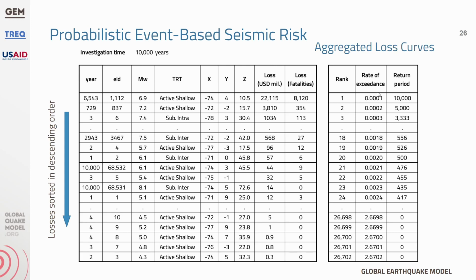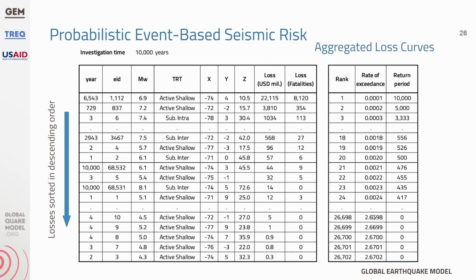And hence we have now moved on to understand how frequent they appear in my investigation time. So as a result, we have this aggregated loss table now sorted, with the annual rate of exceedance for every loss observed, and with the return period of every loss observed.